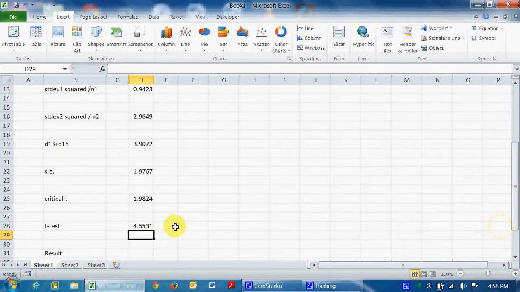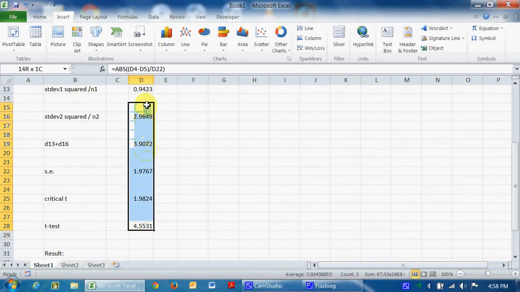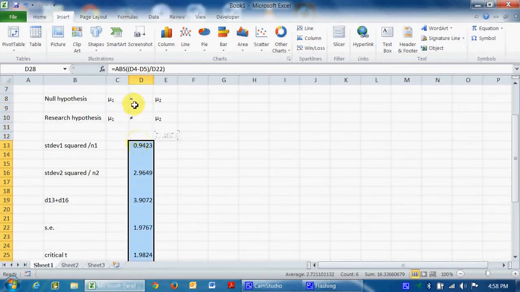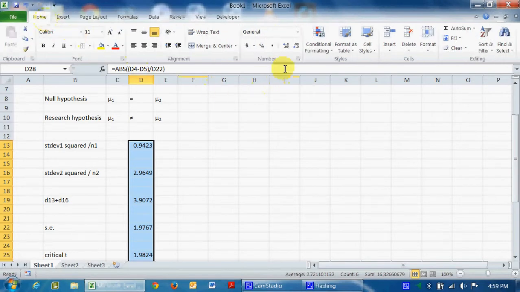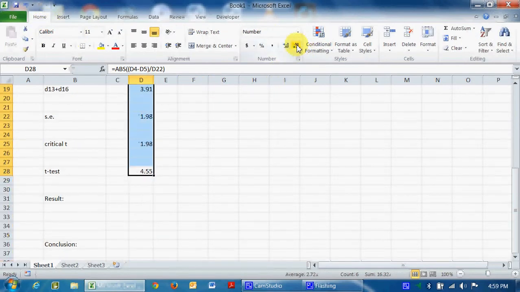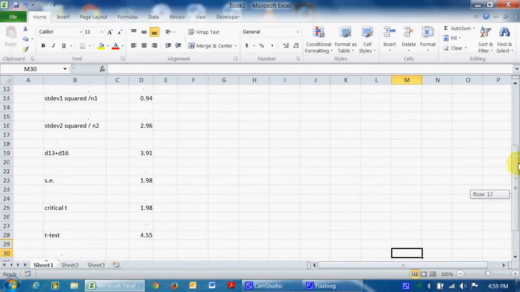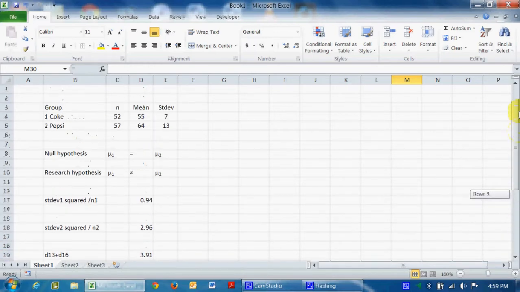Okay, now let's go ahead and fix the decimal points on all of these. I'm going quick through this because we've already done it, and I expect everyone to remember how to do these things. So I'm going to go Home and then reduce my decimal points, so I'm at 2 decimal points throughout. Okay, so what does all this mean?